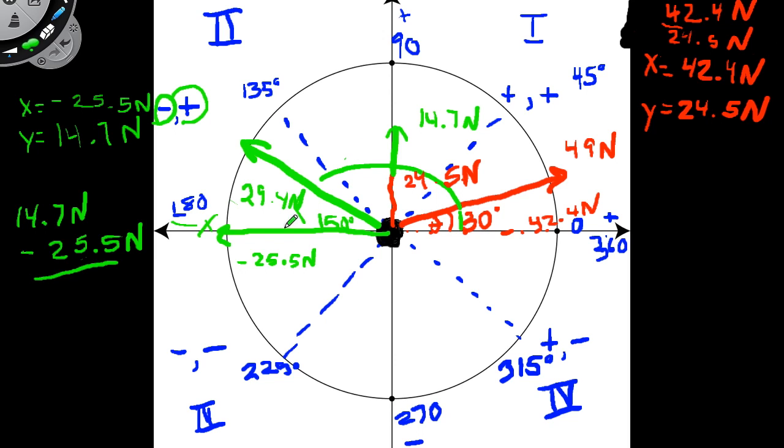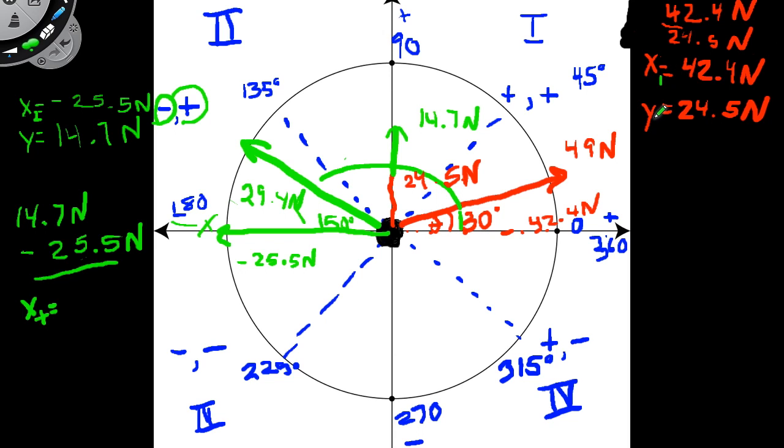So now all I have to do is, like I said before, I couldn't add them up when they were in their degrees and their resultant form. Now, because I know their components, I can show them as directly opposing each other or directly working together. So now all I'm going to do is I'm going to get my x totals. So in that case, this should be a t, my x total. I'm taking this x, and now we'll call this x2, and we'll call this x1.